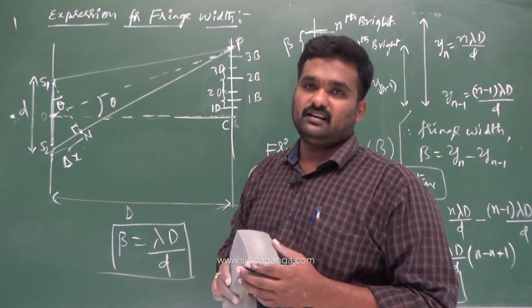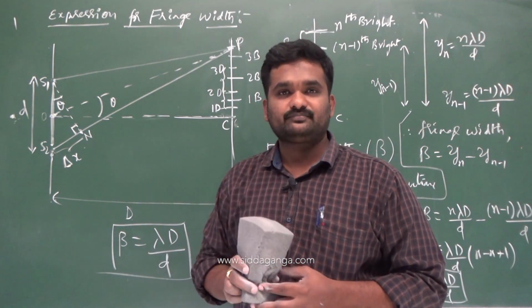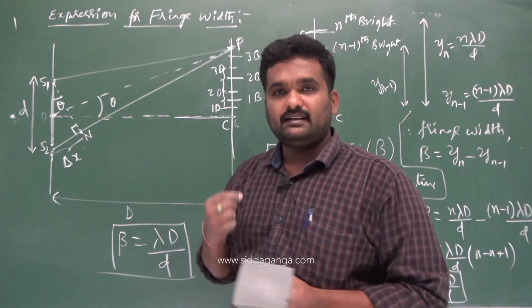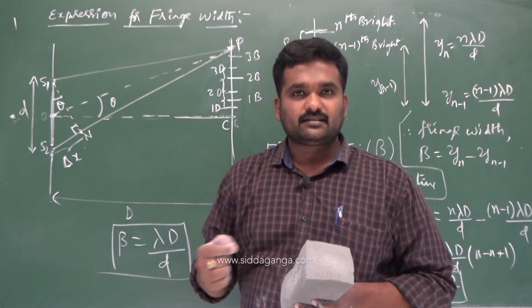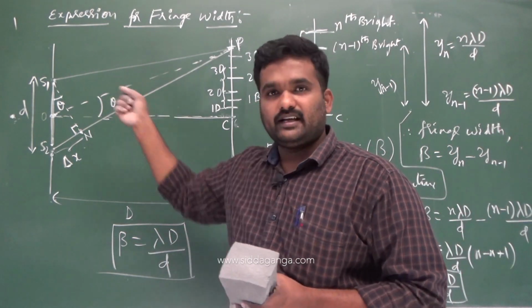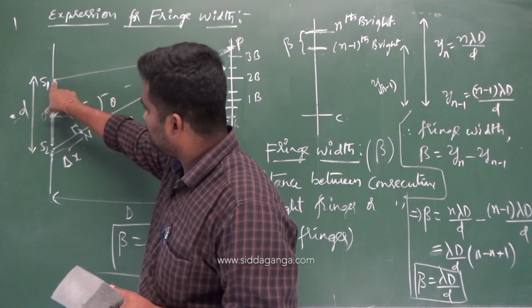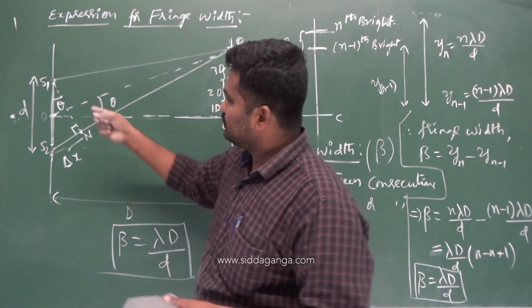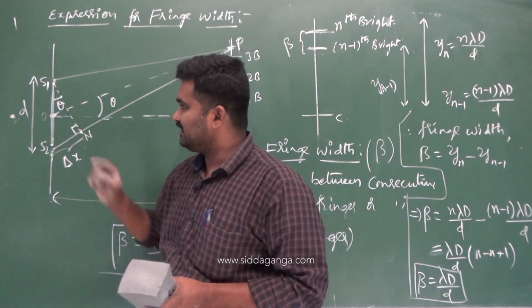Name all this terminology when you are deriving the relation; initially you have to mention it. What you have to mention is: let us consider Young's double slit apparatus, which consists of two monochromatic sources of light taken from a cardboard, where two slits are made as two holes separated by a distance d.